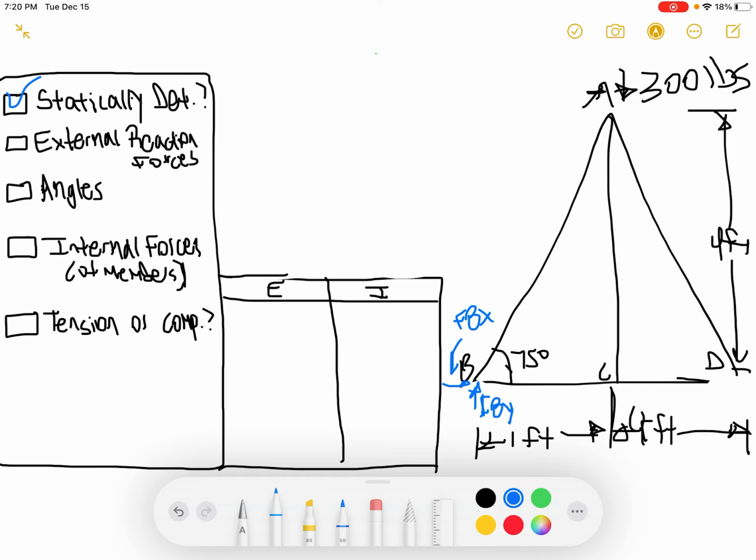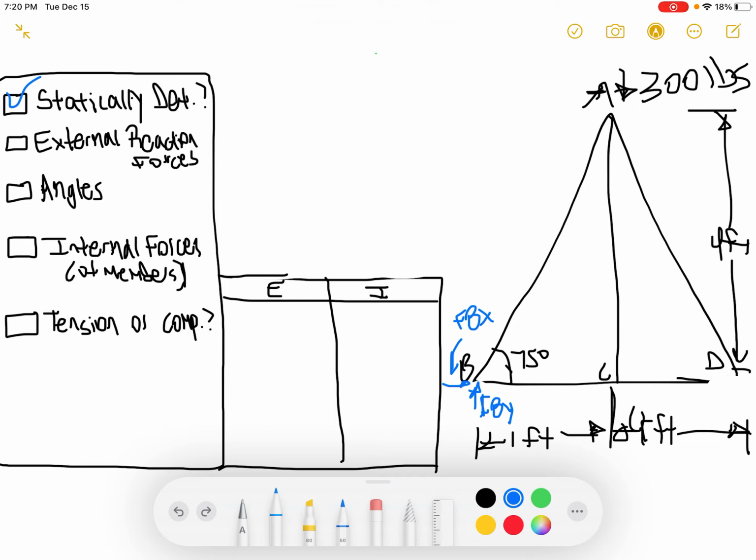Always, here's a rule. External reaction forces point towards a joint, but member forces point away from it. So that's a rule. That's why they're pointing towards it.